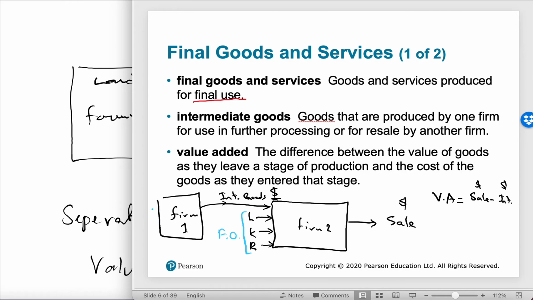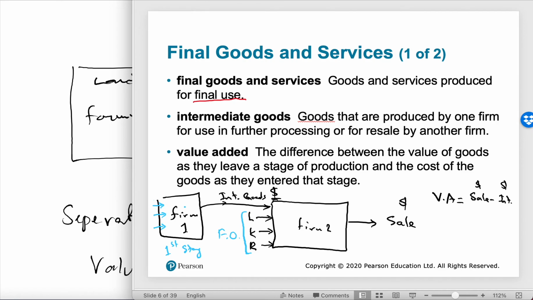Of course, the farmer in the first stage is using land, labor, and capital, and likewise for crude oil, because they are getting it from nature. So there is no intermediate good used at this stage. They are all factors of production.